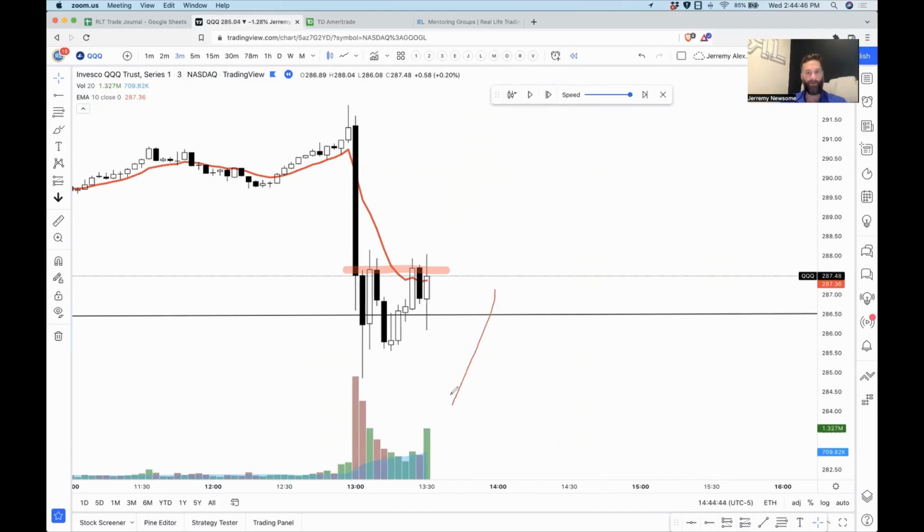So really good volume coming in and nice upper shadow, nice lower shadow, creating indecision. That indecision says, hey, I'm not really sure what's going to happen here, but we're at a resistance. So what do we need if we're at resistance to let us know resistance is broken and the trend is changing?